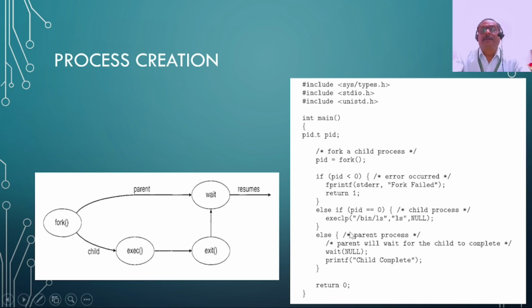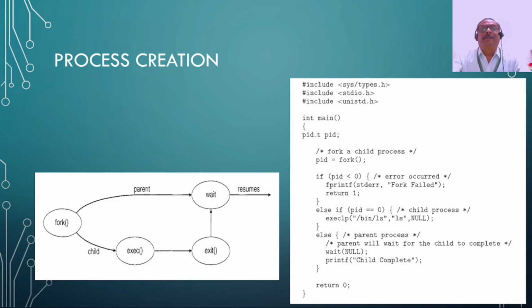Else, we have seen PID less than 0, that is getting a negative return value, that is when something goes wrong. If it is 0, that means it is a child process, and if it is neither negative nor 0, that means it is greater than 0, which means that it is the PID of the child process which the parent gets back.